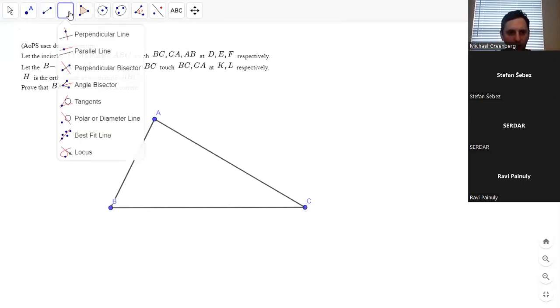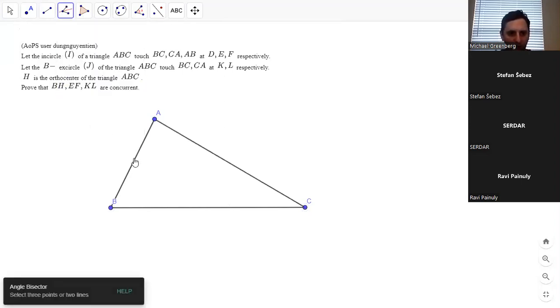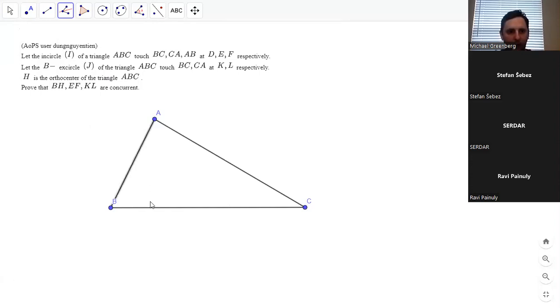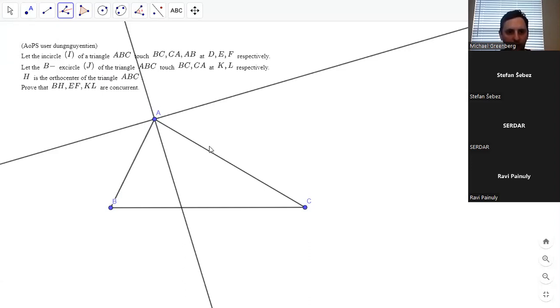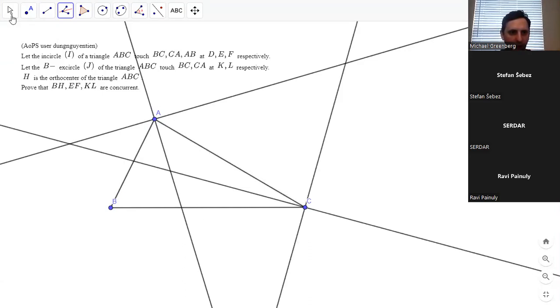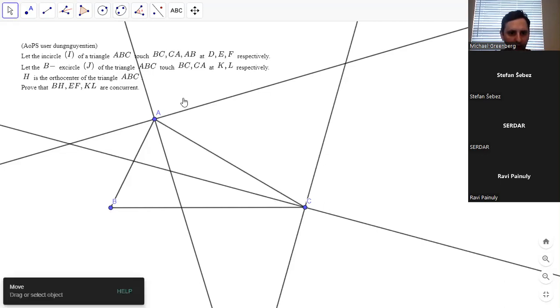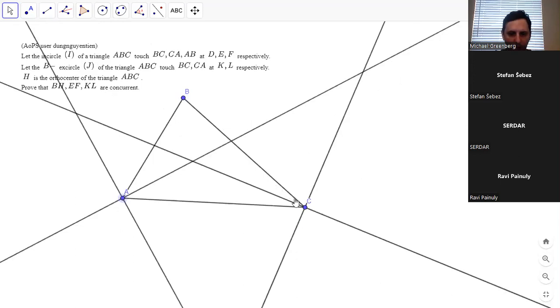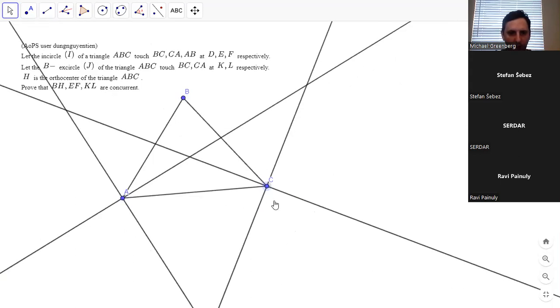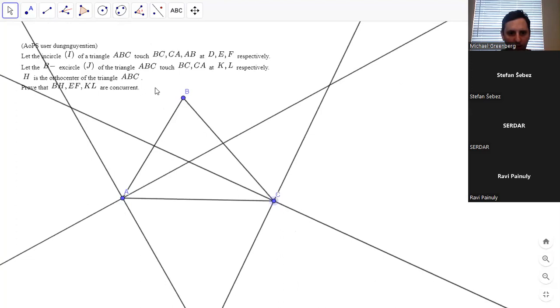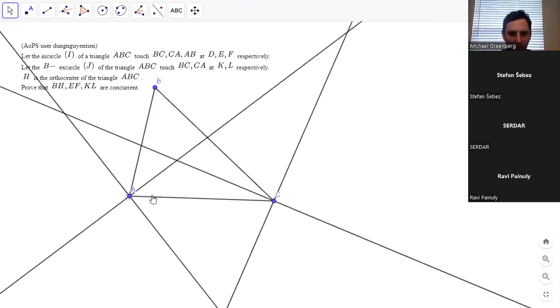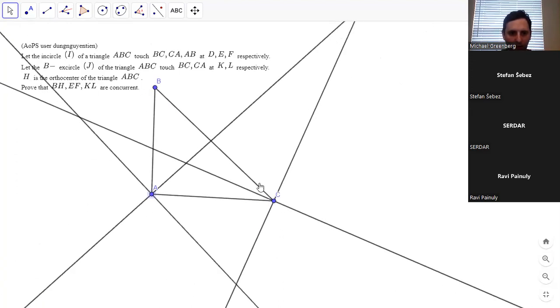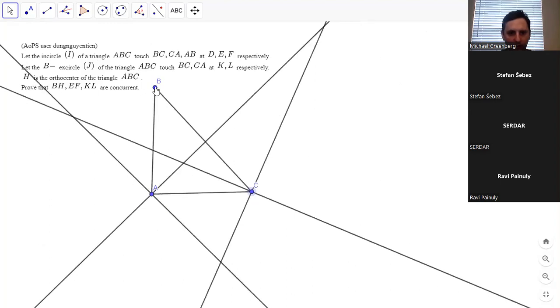So this way we get, okay, but really we're going to want the BX circle. So I'm going to rotate the triangle. This way we get both the incenter and the center.